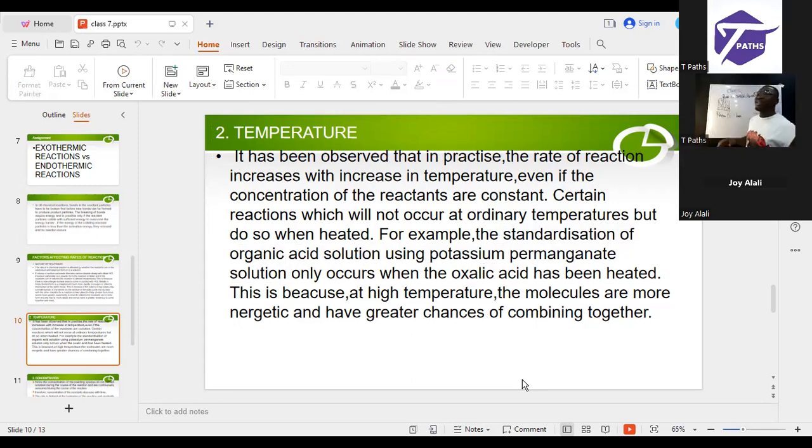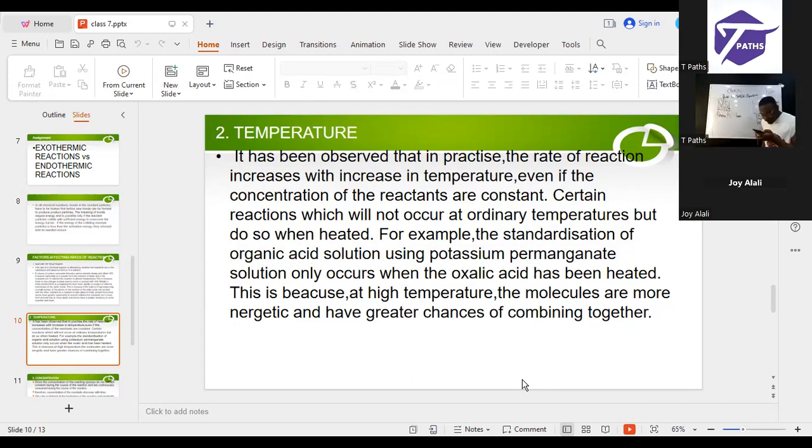Because there's an increase in the kinetic energy of the particles. Many people don't know this. What we learned in basic science is that molecules at rest have potential energy, while molecules in motion have kinetic energy. At first, there is no motion. But when you increase the temperature, you increase the energy of the molecules, there's an increase in kinetic energy, and that propels the reaction to take place.